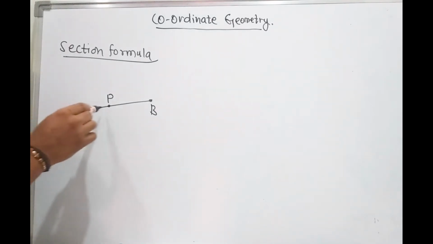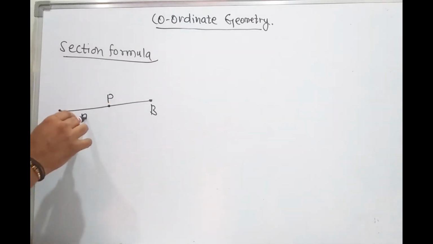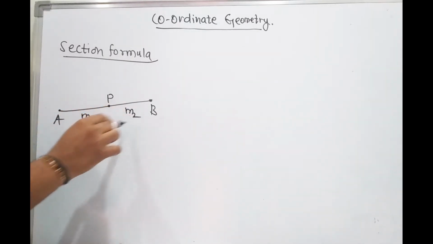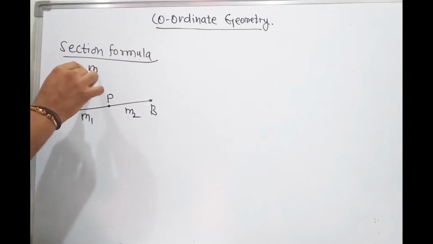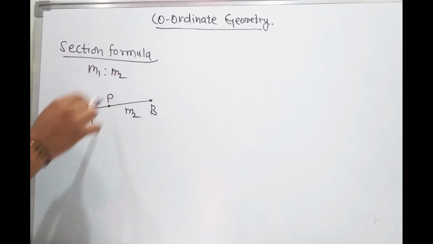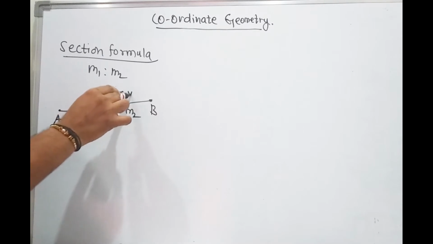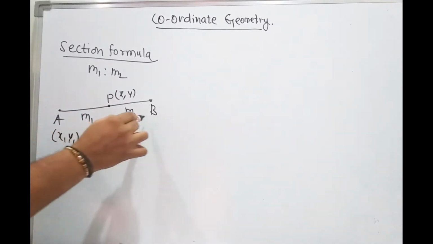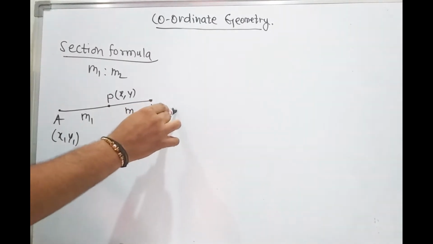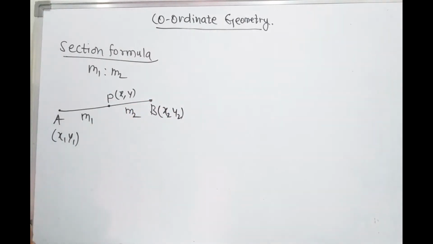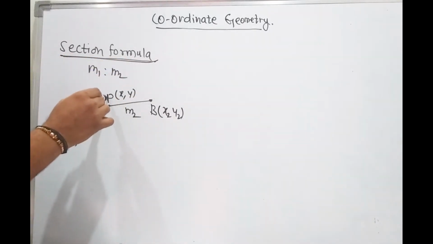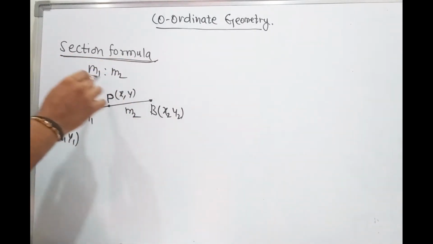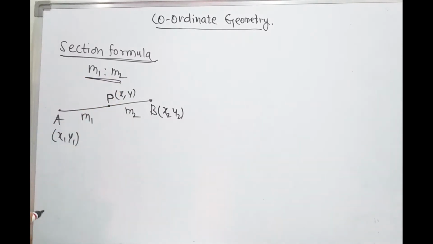Now let us say point P divides the segment AB in some ratio m1 is to m2. P is having coordinates as x and y, A is having coordinates as x1, y1, and B is having coordinates as x2, y2. And this point P divides this segment AB in the ratio m1 is to m2.